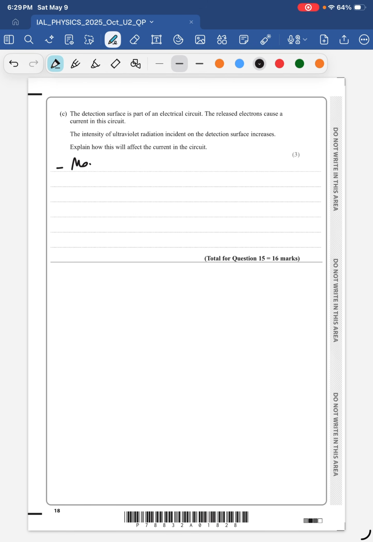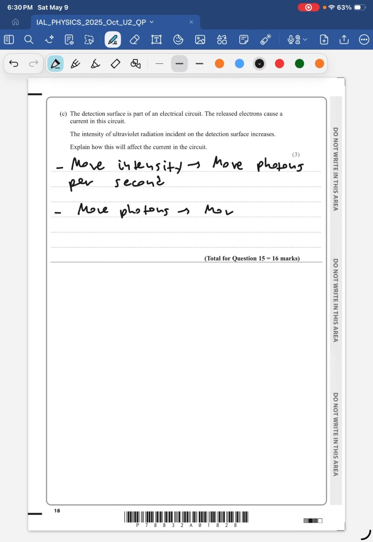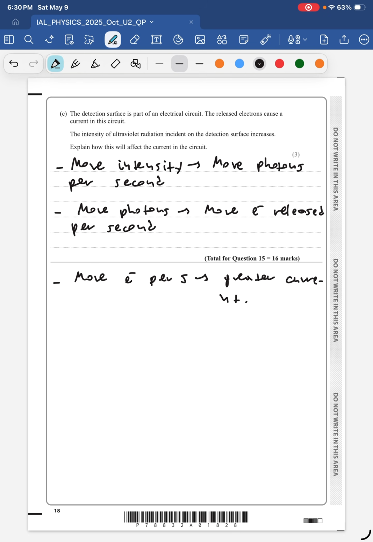So more intensity means more photons per second. More photons means more electrons released per second, and then more electrons per second means greater current. So this was question 15. We're ready to move on to question number 16.